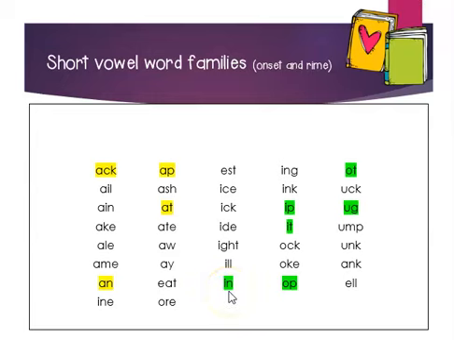Again, we remember from last week, if the vowel is closed by one or more consonants, then the vowel is going to make a short sound. So in this word family, I look for the I. I found my vowel. I notice it's closed by an N, so I know that vowel is going to say i.